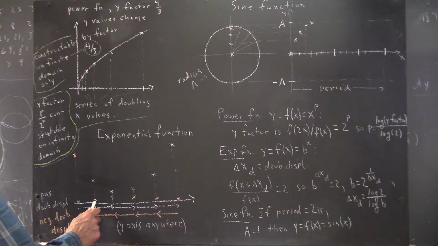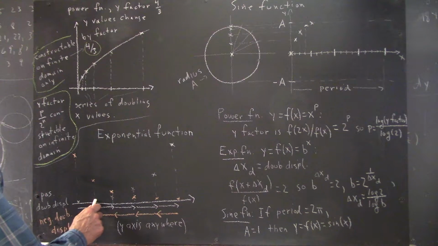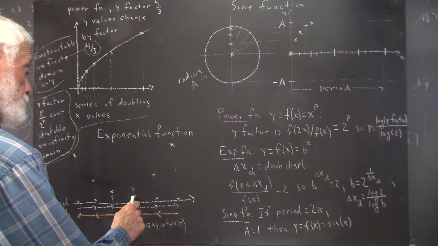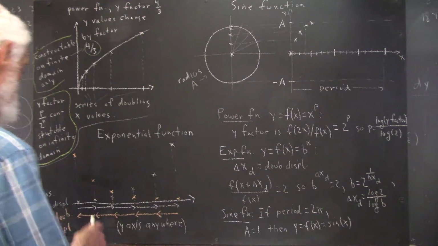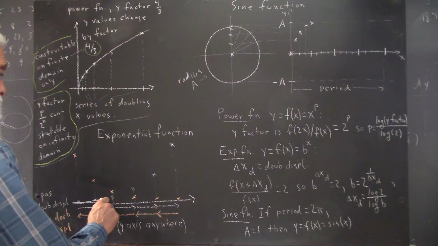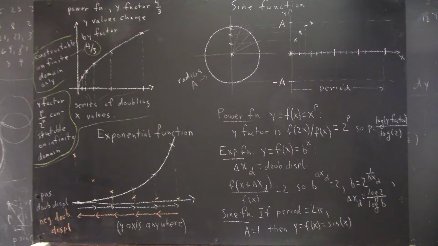We move over through the distance of that arrow and double the y value. Move over again, doubling the y value. Move over another arrow, double the y value. Move over another arrow, and so on. And that gives us a graph that looks very much like this.